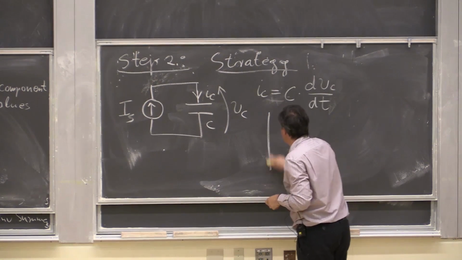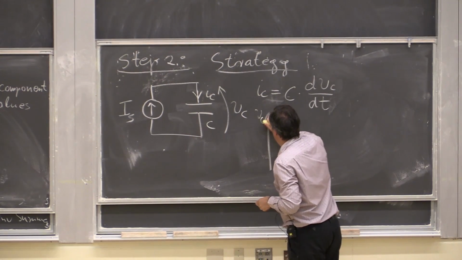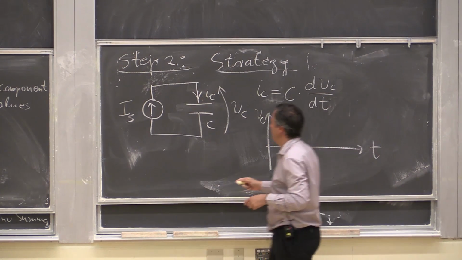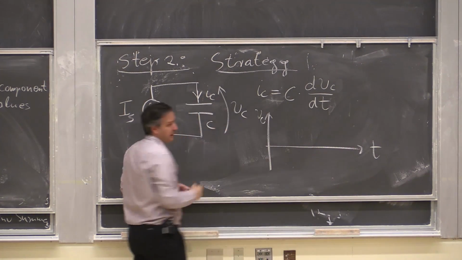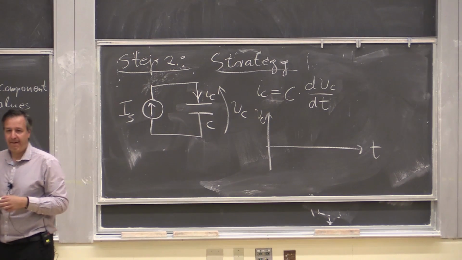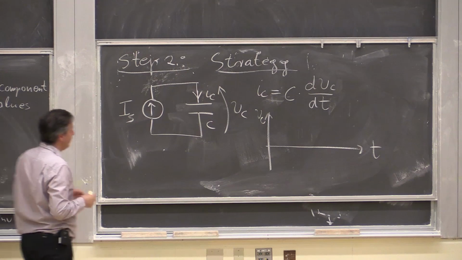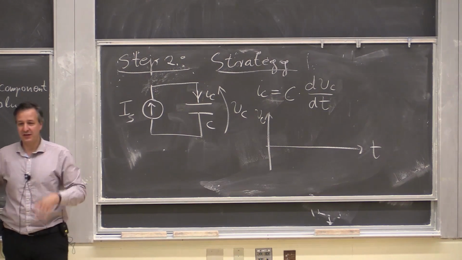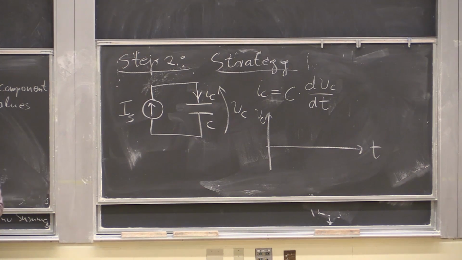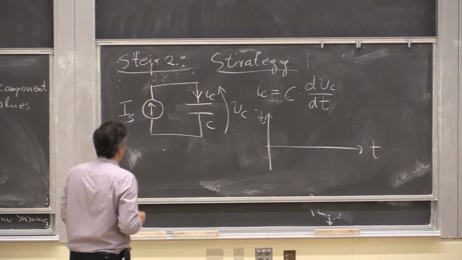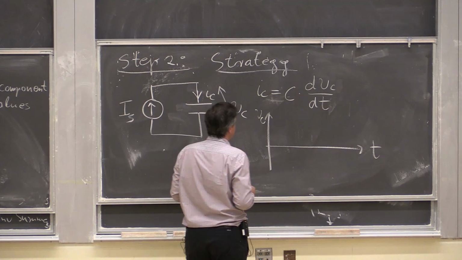If I draw VC as a function of time, how is this VC going to look? You're saying linear. Linear, how? Increasing, decreasing? Slope is C. Okay, well, let's see.